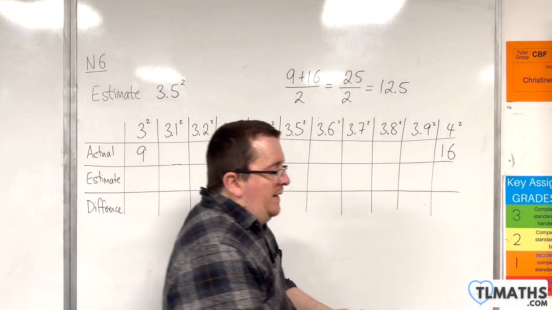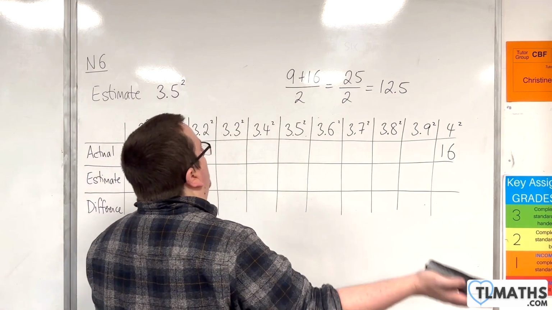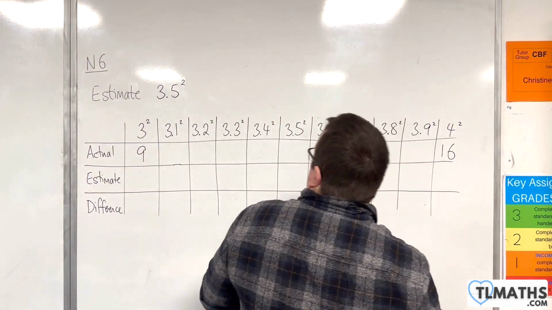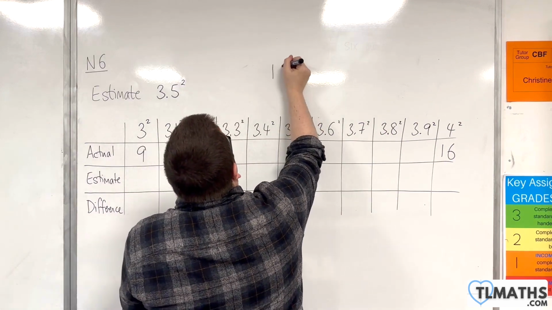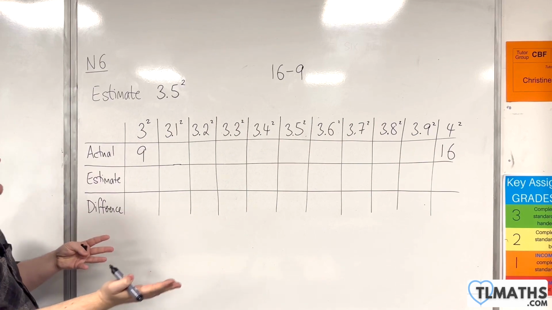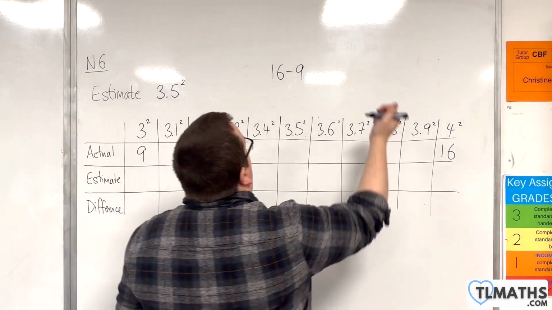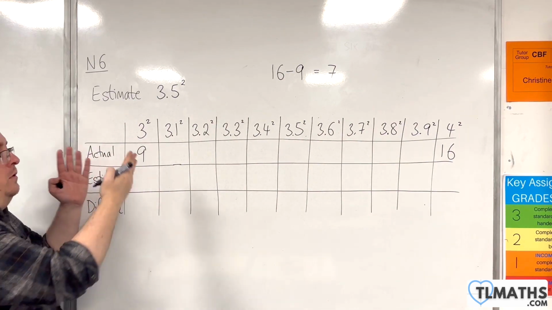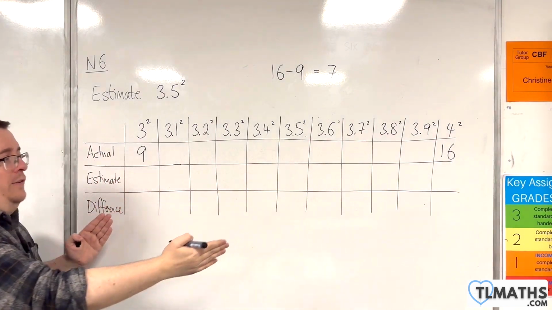And one way of doing that might be to think, well, what if I looked at the difference between 16 and 9? So I look at that gap. 16 take away 9 is, of course, 7. Now, I've got 10 bits here, haven't I?